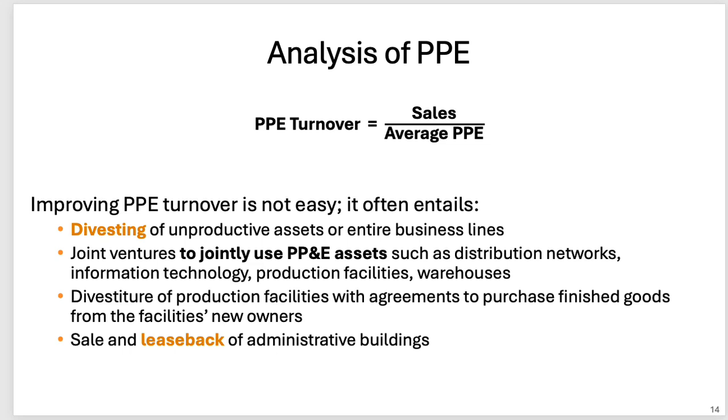Maybe you have to divest yourself of that really expensive, flashy headquarters you built and lease it back financially in order to lower your average PP&E. But as you can see, each of those are non-trivial considerations in order to, over time, improve your productivity by lowering your PP&E foundation.